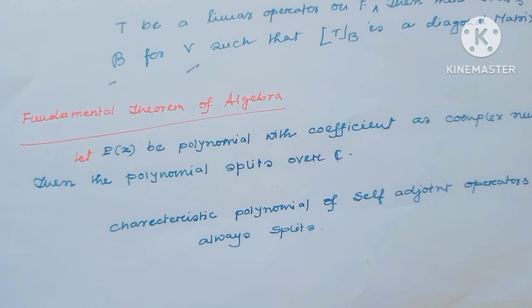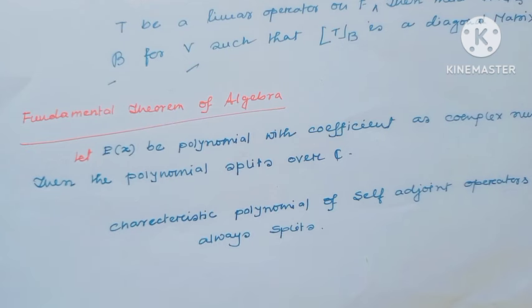So all of us know that when a polynomial splits, then the matrix is diagonalizable.